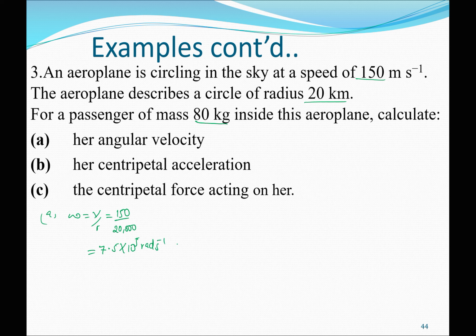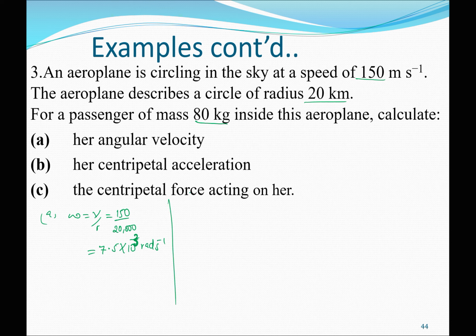I'll check it again. 150 divided by 20,000 is 7.5 times 10 to the power of minus 3, because it was 20 kilometers. Okay, I think that is correct.